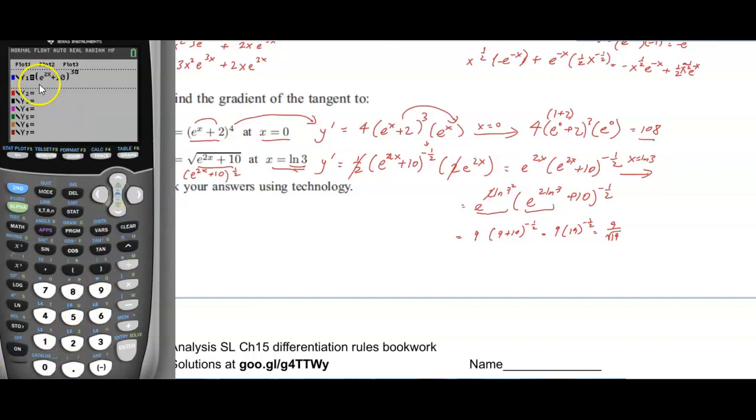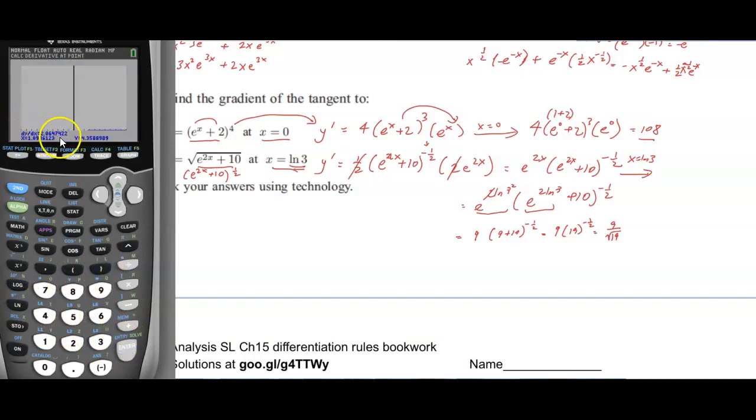Okay, so I put it in as e to the 2x plus 10, to the 1/2 power. I graph it. And then I'm just going to do second calc dy/dx, which is number 6, and type in literally natural log of 3. Enter.